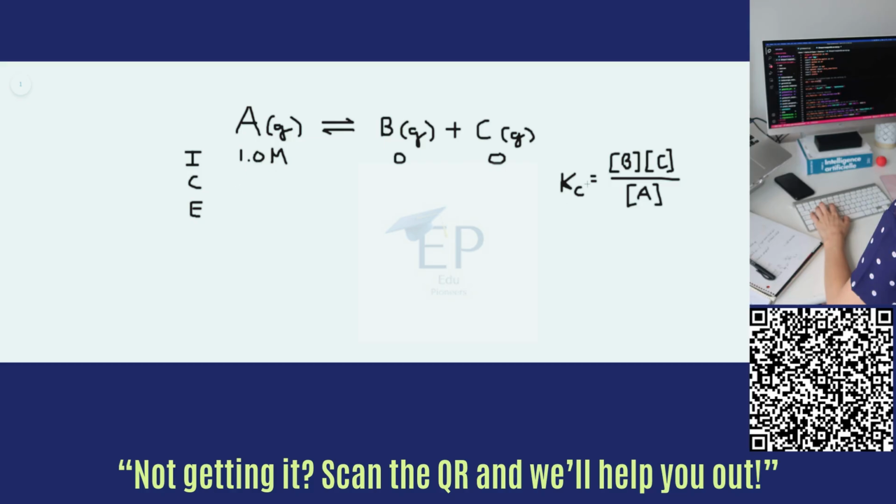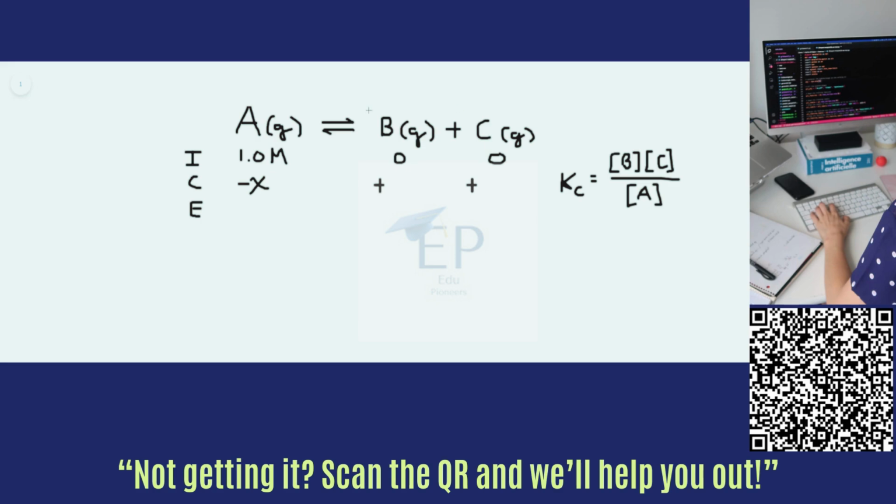We can express the equilibrium concentrations with equations. So let's say that A loses some amount. The change is going to be negative. We're going to lose A, and we're going to generate B and C. So we're going to gain some amount of B and C. The magnitude of this change depends on the stoichiometry of this reaction.